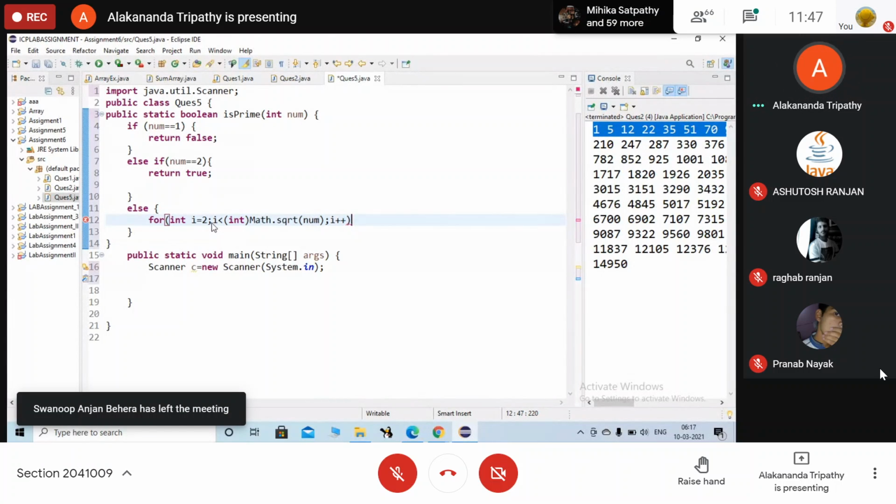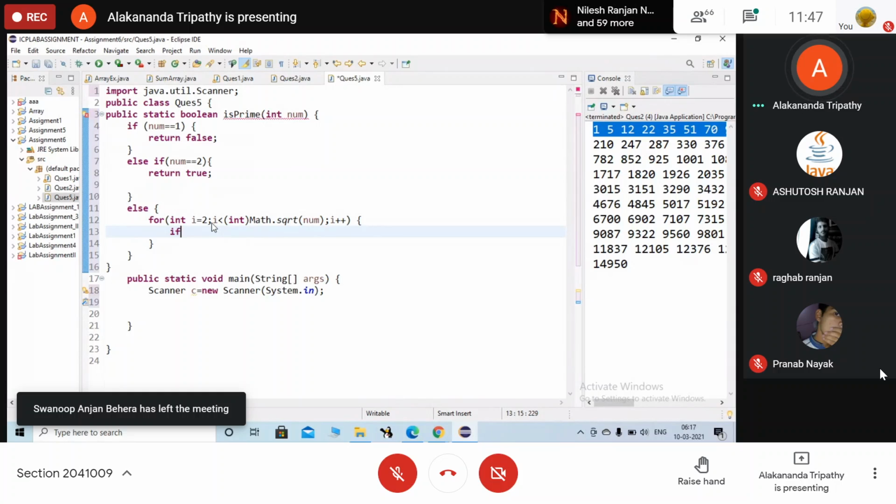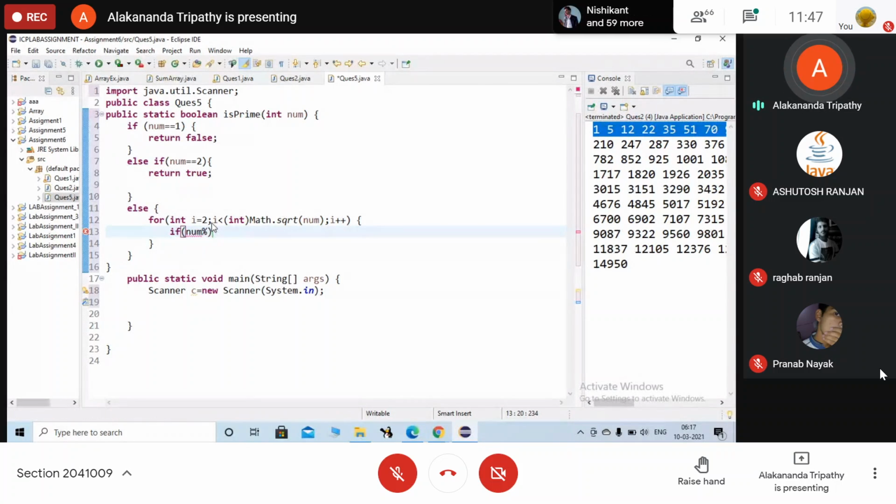So if number mod i equals to 0 हो गया तो क्या होगा? If the number is divisible, then what will be? ये क्या होगा? हो जाएगा.